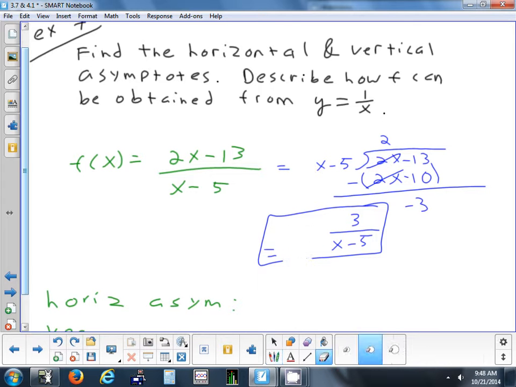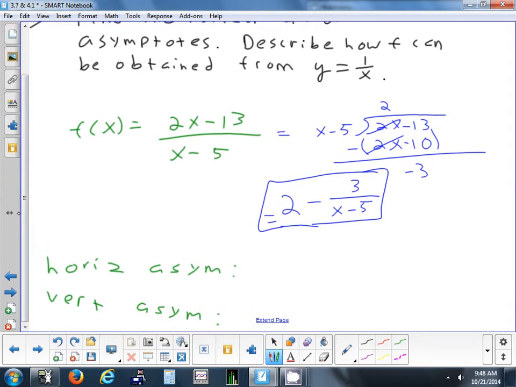Okay, let me try to make it a little clearer. 2 minus. Okay, what's my horizontal asymptote here? As x gets really, really big, what value am I going to get in that equation? Yep. Would it be positive 5? As x gets really big, you're going to take 3 and divide by a really big number.